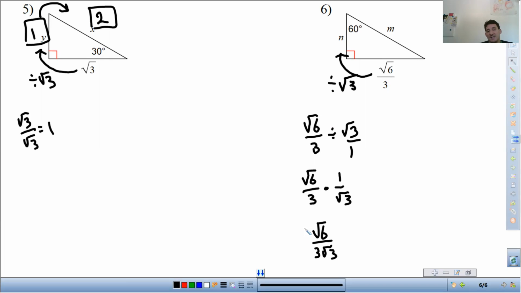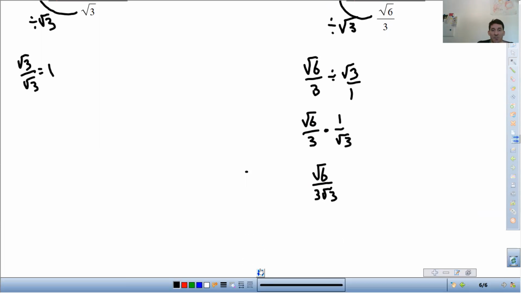We need to rationalize the denominator. We can't just leave it like that. That's kind of ugly. But what we can do, since the 6 and the 3 are both underneath a radical, we can reduce the 6 and the 3. So what we're going to do is just reduce this part of the fraction. Since they're both underneath the radical, 6 over 3 reduces to square root of 2 over square root of 1.